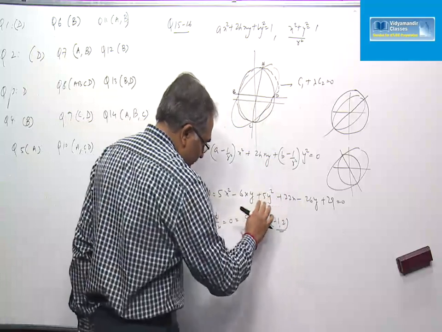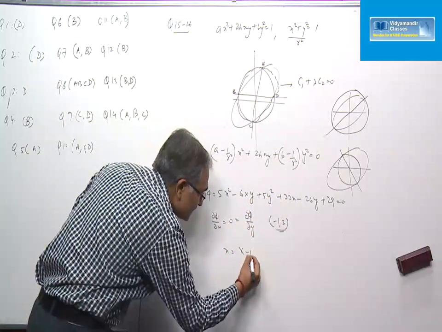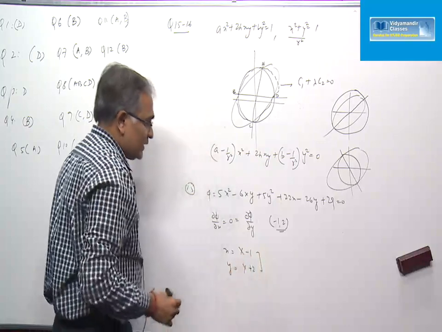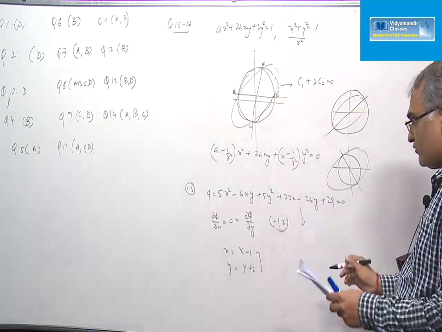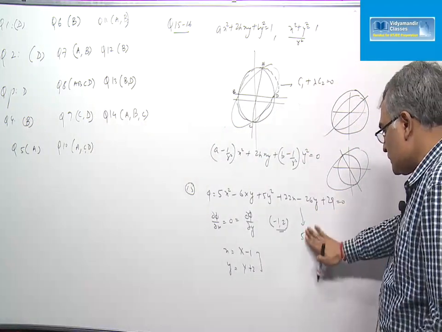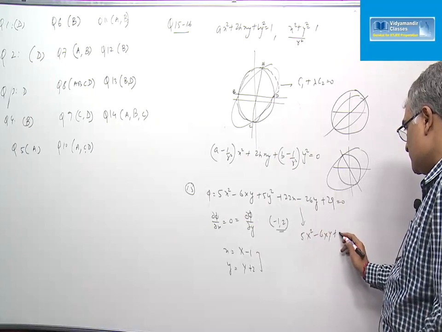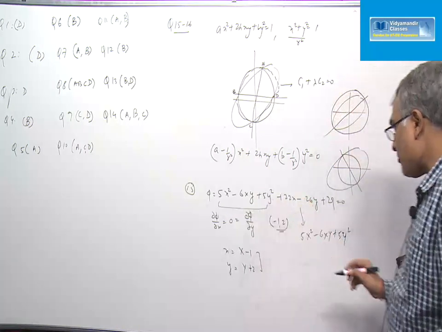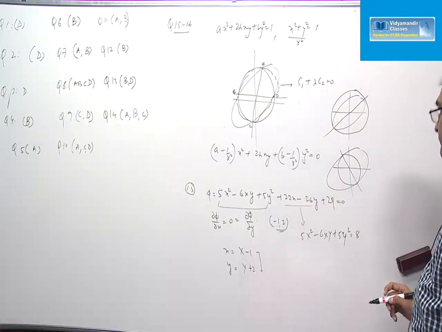Let's shift the origin to this particular point, that is, let x equal x minus 1 and y equal y plus 2. Shifting the origin to this point, convert this equation into the form 5x square minus 6xy plus 5y square. No change in this part, notice this, and these two terms will be gone and it is equal to 8.